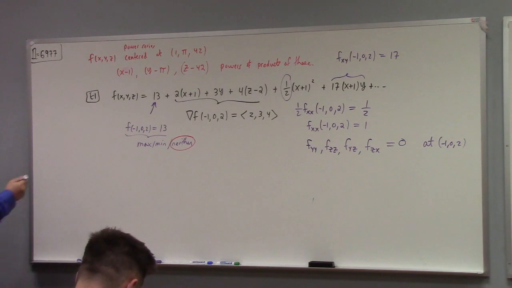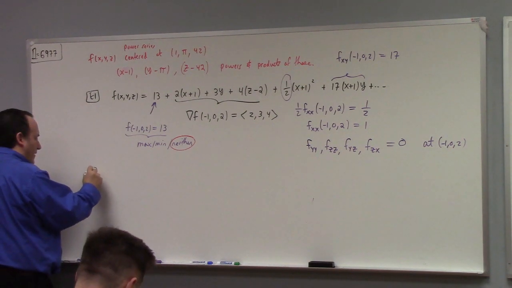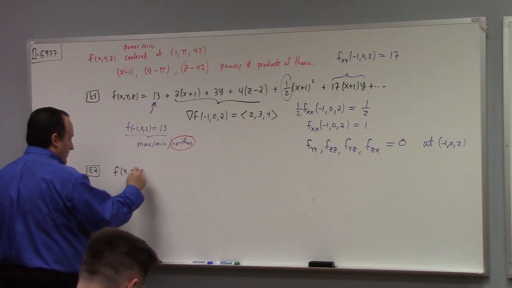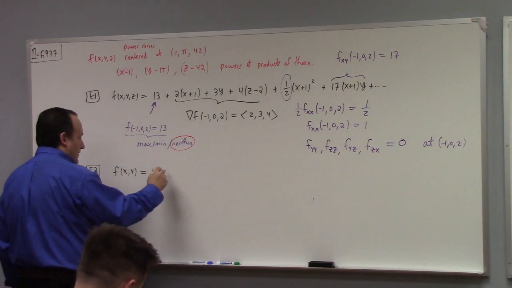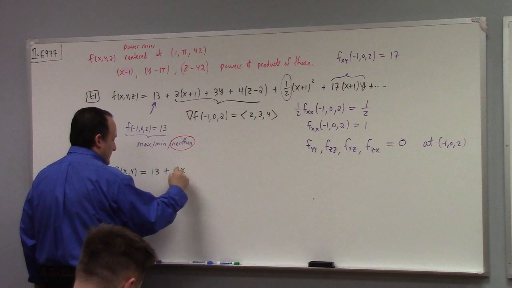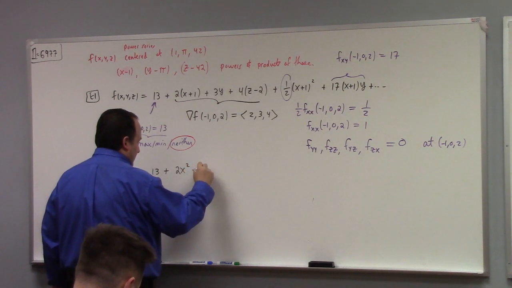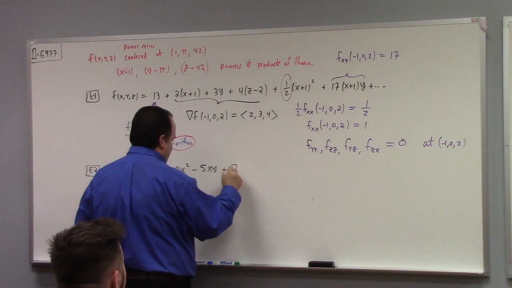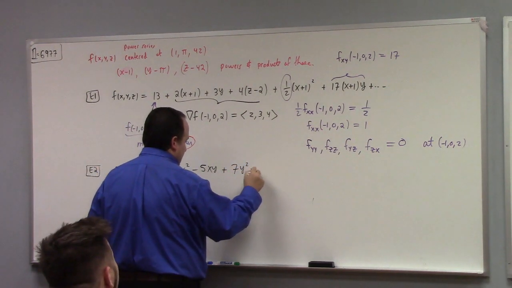Here's a simple one. Example 2. Suppose you're given that f of (x, y) is equal to 13 plus 2x squared minus 5xy plus 7y squared plus dot dot dot, all right?